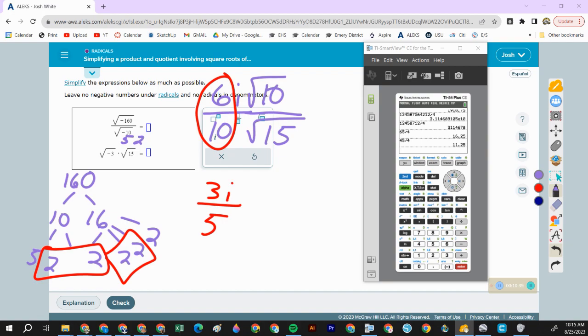The i does not simplify. What can I simplify there? A 5. So root 2 over root 3. Can I cancel the 3's? No, it's not actually a 3, right? This is the square root of 3, and this is actually 3. So nothing on the outside can cancel anything on the inside. Okay?